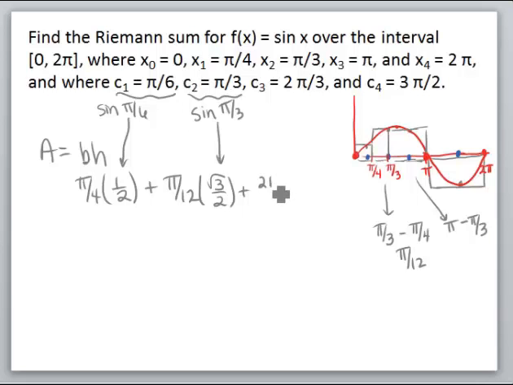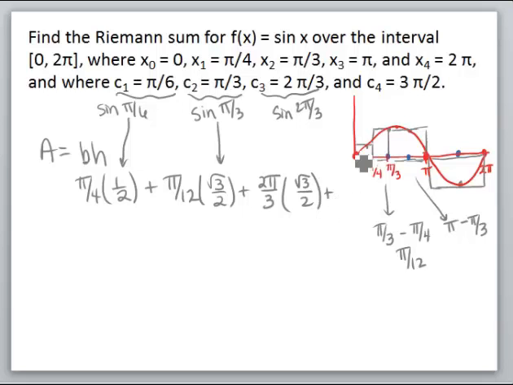So the base length is 2 pi over 3, and then the height for 2 pi over 3, the sine of 2 pi over 3, is also square root of 3 over 2.